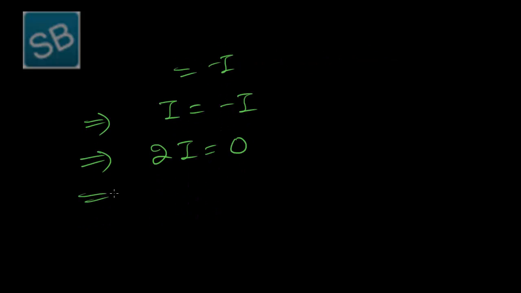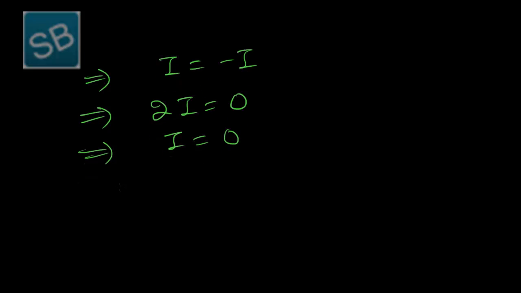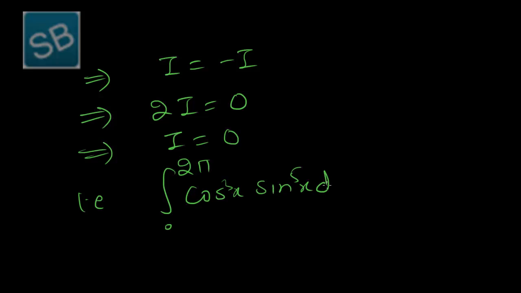That implies I is equal to 0. That is, we get the value of the integral, integral 0 to 2 pi cos cube x sine raised to power 5 x dx, is equal to 0. So if we use simple integration by parts in the definite integral, we will get the same result. You can verify it very easily if you want to do it.